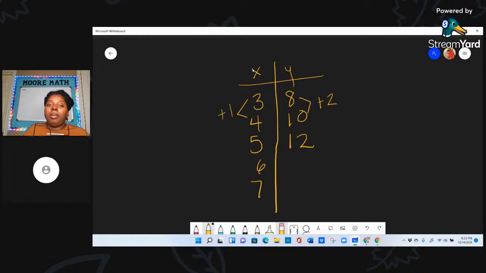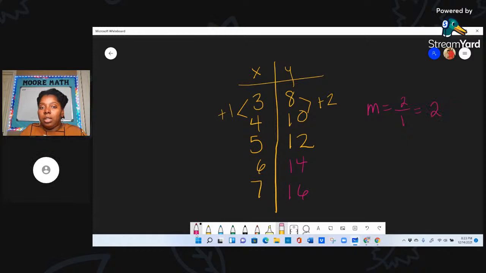Good. Now tell me what the next two should be on the y side for the outputs. 14 and 16. Good. Keep going. What's my slope? 2 over 1, which equals 2.